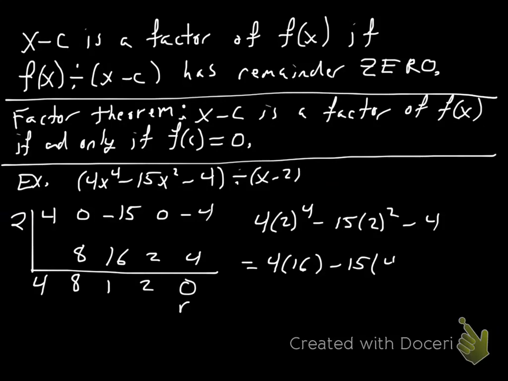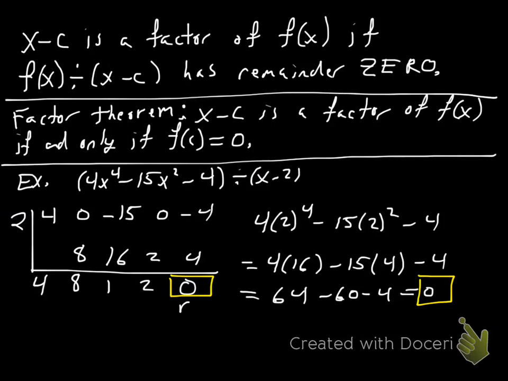So we do that multiplication, work it all out. We certainly get the same thing. This says we're a 0. This says we're a factor. If I have a remainder of 0, we're a factor. If I evaluate it in the polynomial and get 0, that means it's a root. Okay. So if it's a linear factor, you want to use synthetic division because it's way faster than long division.